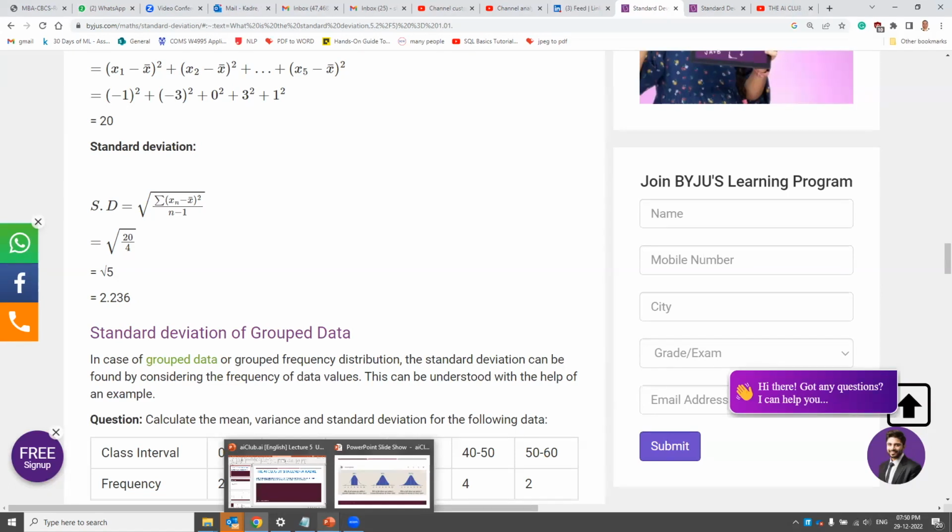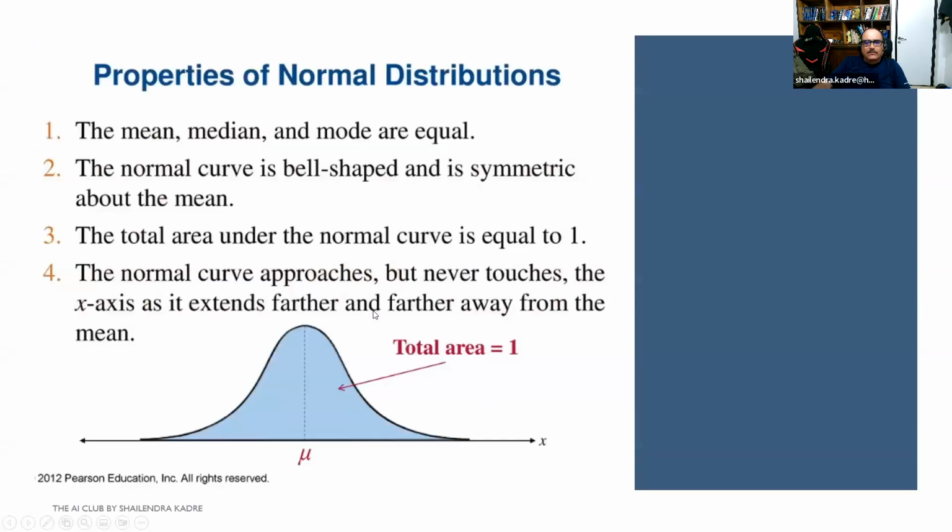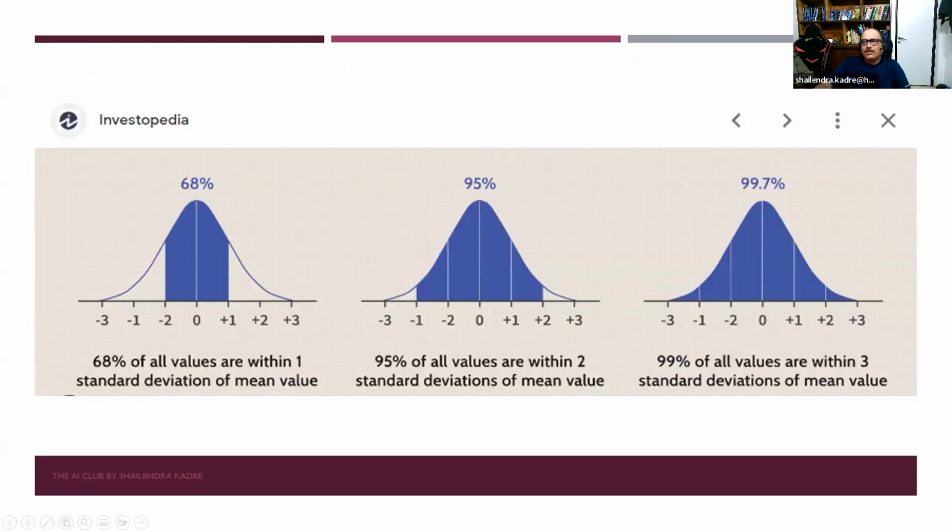Now you tell me, the shape of my bell curve will be sharper in the case of standard deviation equal to 2, or will it be sharper in the case of standard deviation equal to 20? Sharper means it will be a steep mountain.